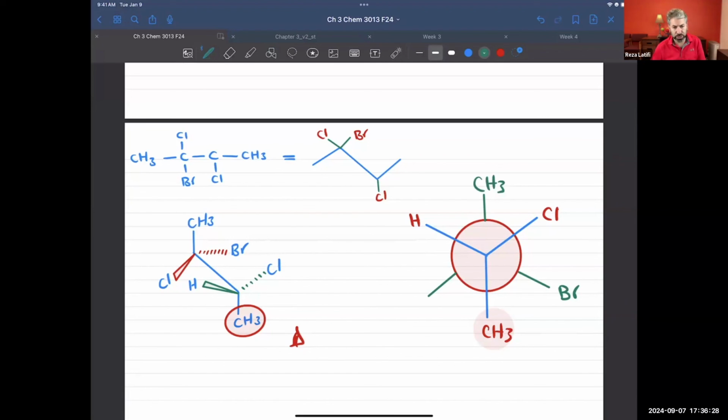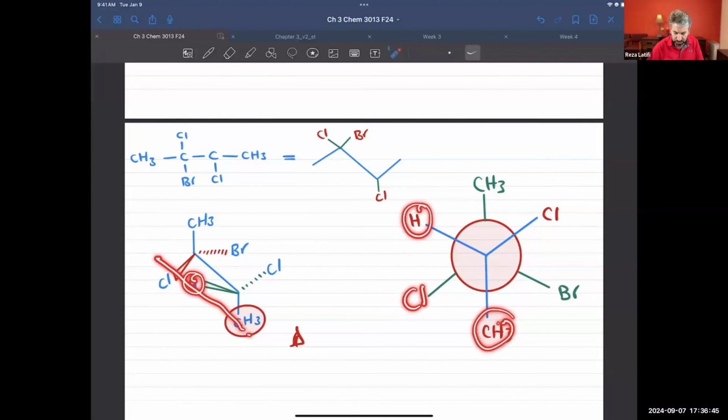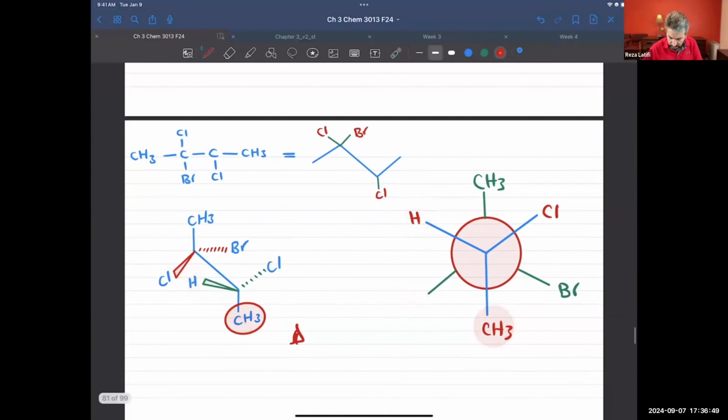How about chlorine? Where is the chlorine? If I look at the molecule in this direction, chlorine will be between the hydrogen atom and CH3. I have the hydrogen atom here, I have the CH3, so chlorine should be here. I'm talking about the chlorine attached to the back carbon.